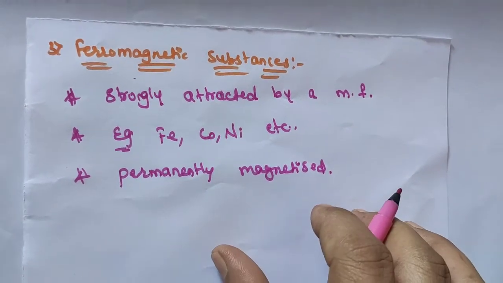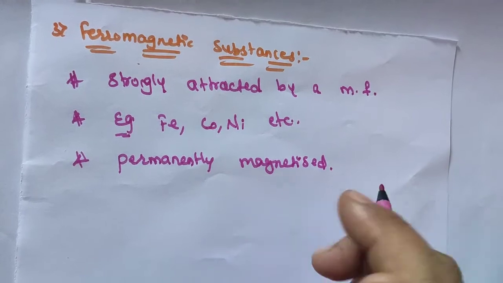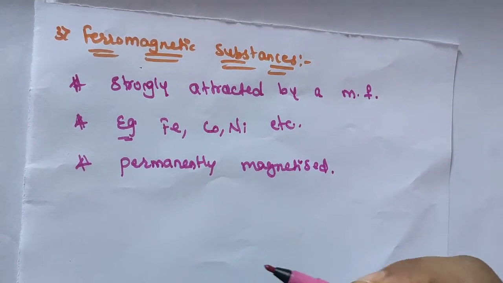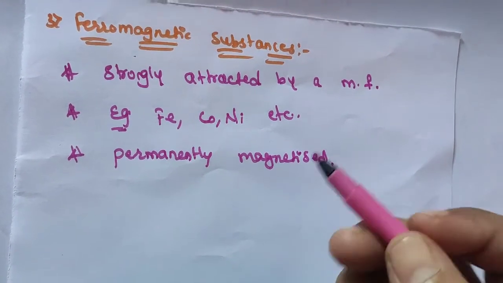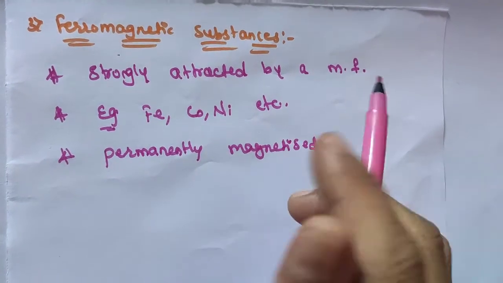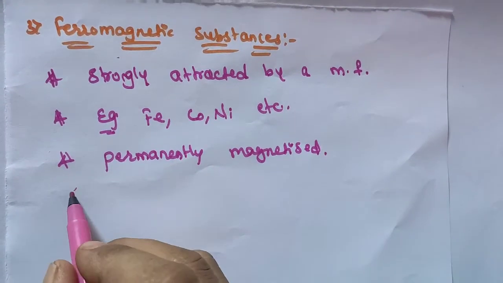So in this case of large paramagnetism, why are they attracted strongly by a magnetic field?